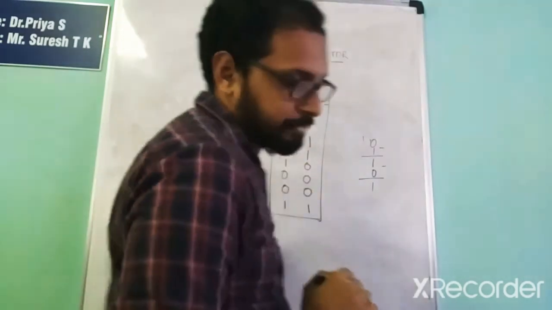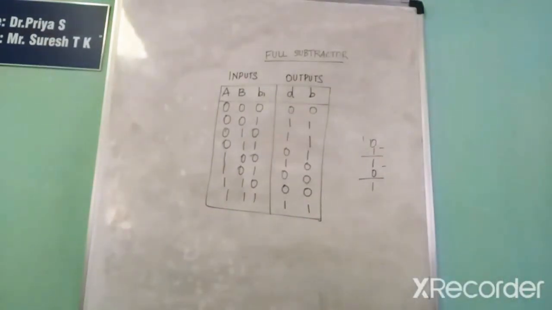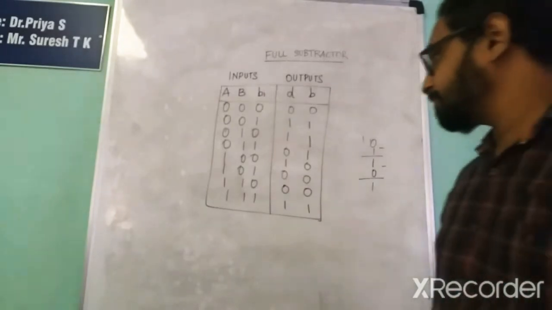Let me check the answer. 0 0 1 1 1 1 0 1 1 0 0 0 0 0 and 1 1. Yes, it's correct.